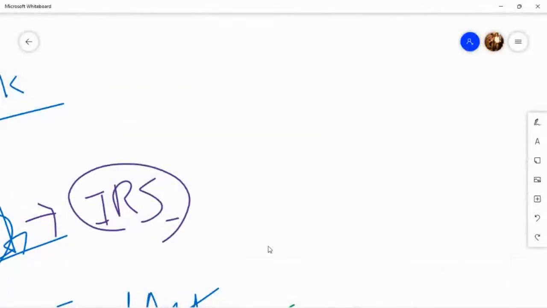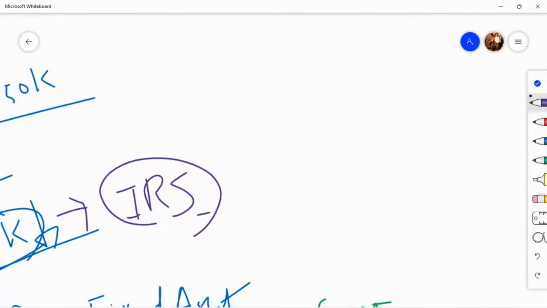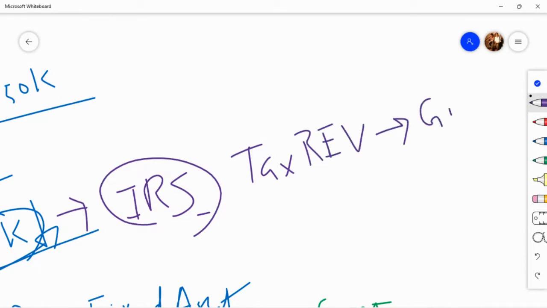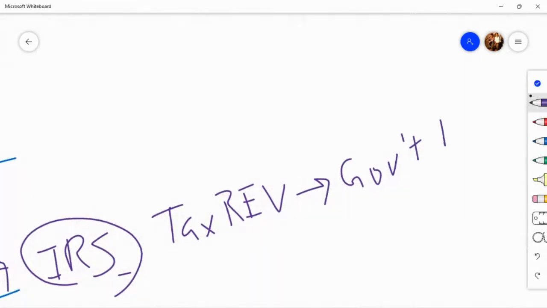And think about it. Tax revenue is the source of what? Tax revenue is the source of the government budget.